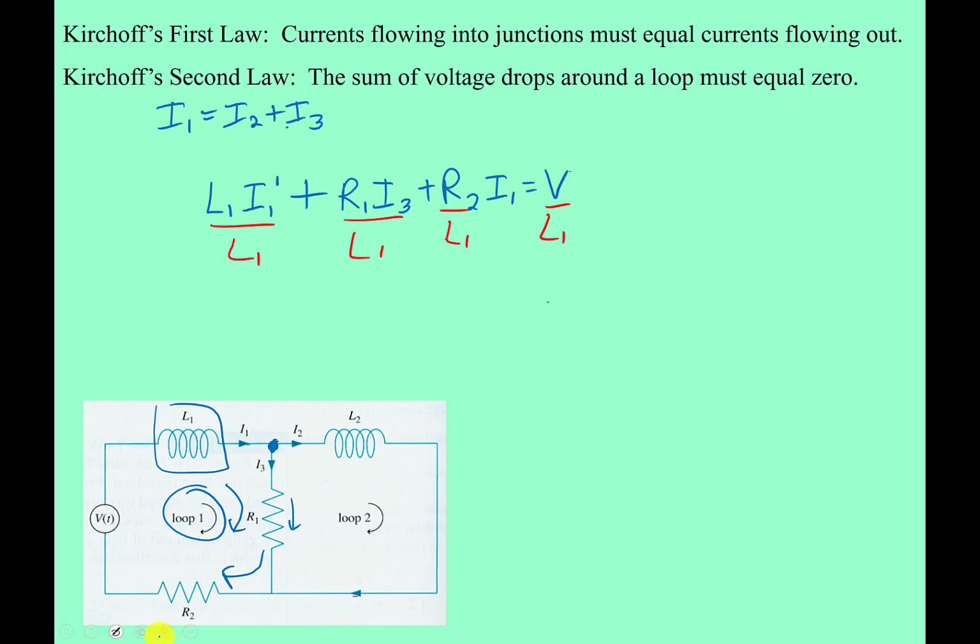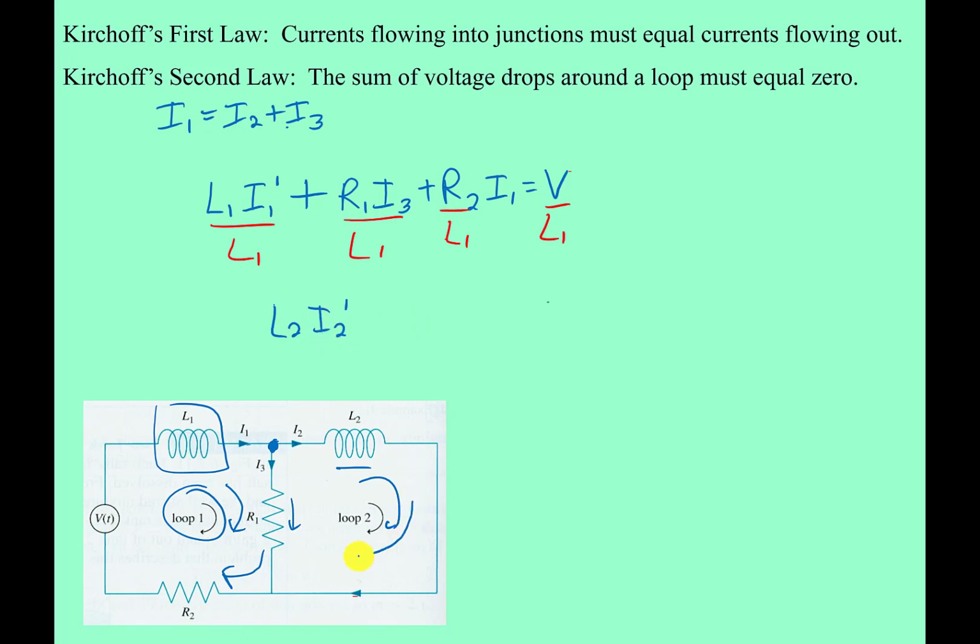All right, let's do the second loop. So the second loop, going around just this loop, the first thing we see is that inductor, so that's going to be L2, and the current through there is going to be I2, and we need the derivative of that. The voltage drop is the inductance times the rate of change of the current.